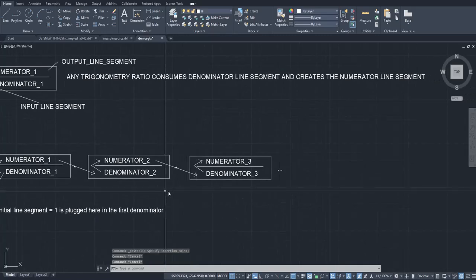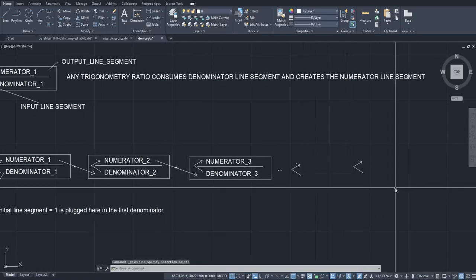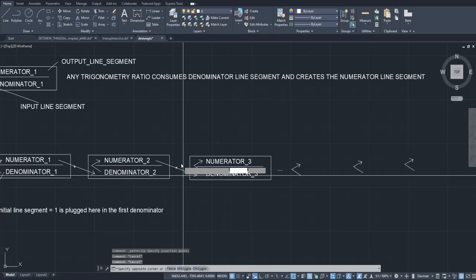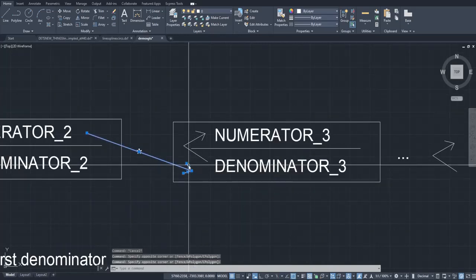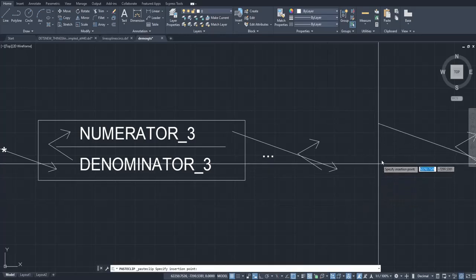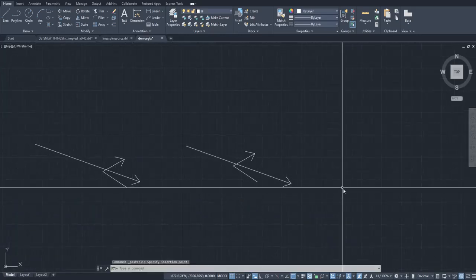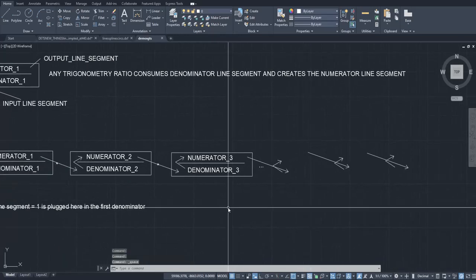In this way the process continues, and the effects continue. Denominators consume the previous numerator, and again the next denominator consumes the previous numerator, and again the next denominator consumes the previous numerator.